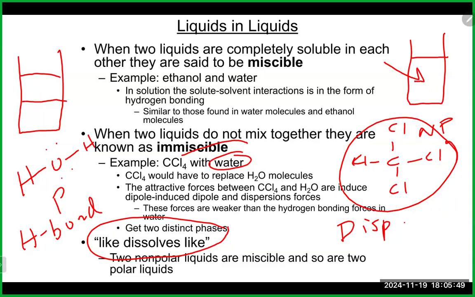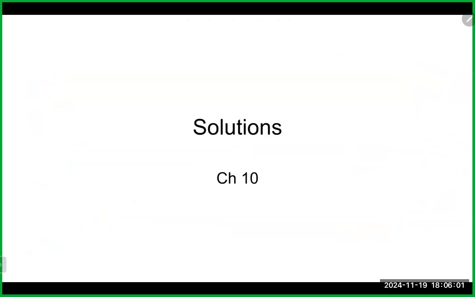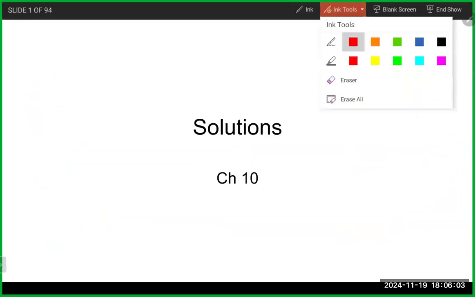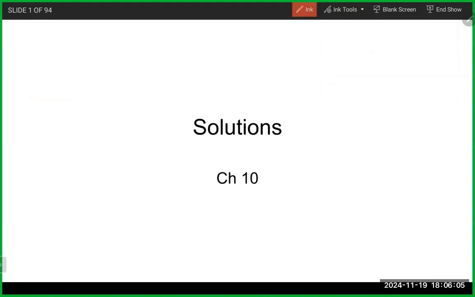They're going to be really soluble in each other. If you try to mix together two things that use very different intermolecular forces, you're going to have a pretty big problem.